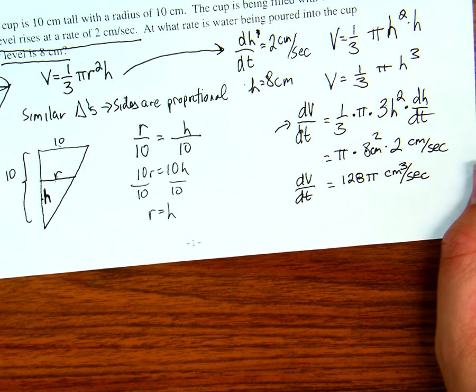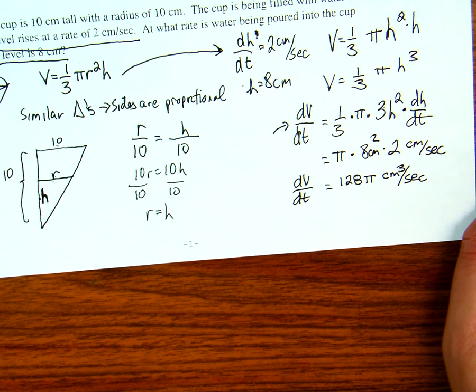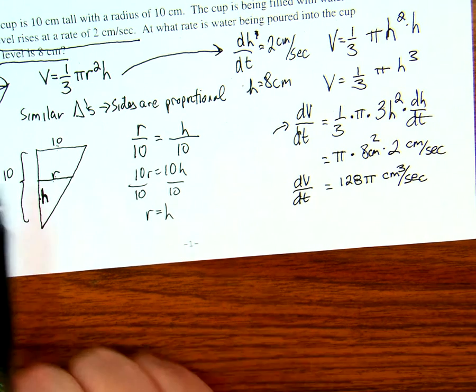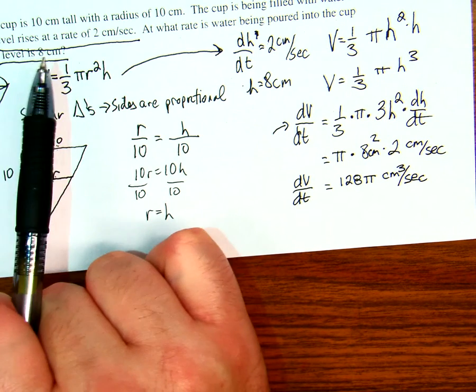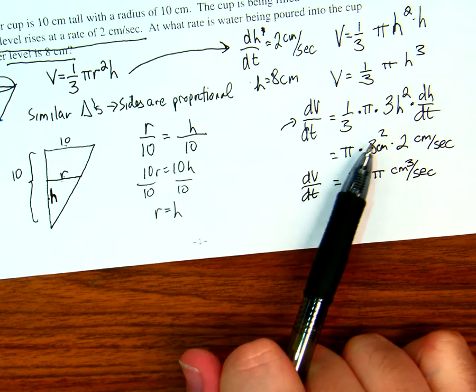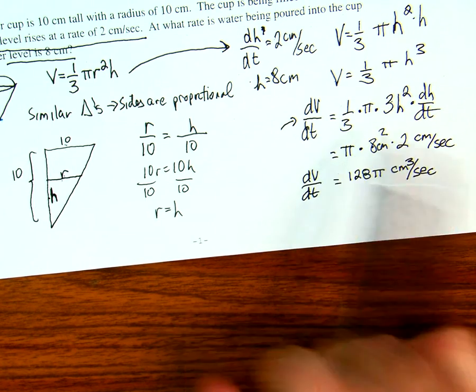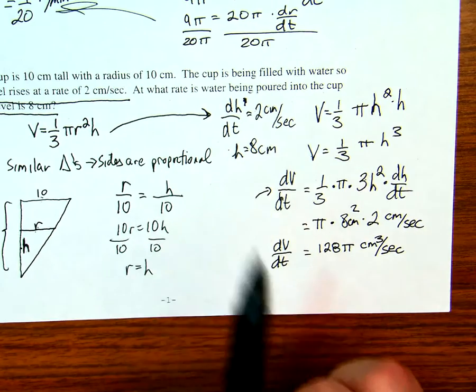That quantity squared. Where did you get 8 centimeters, 8 centimeters squared? The water level, it said here the water level was 8 centimeters. So that was my h value, so I put that in there. And then I squared it. What about the 2? The 2 was given over here, and it says the water rises at a rate.